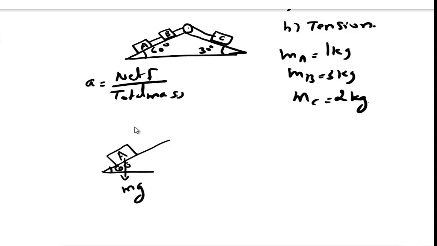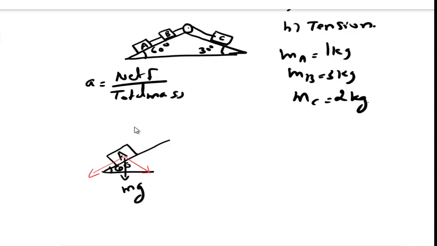So mg with respect to this inclined plane, we can divide into two components. See, I am dividing one component like this, the next component like this. This one will be balanced with the normal reaction force from the surface, so only this one will remain over here.